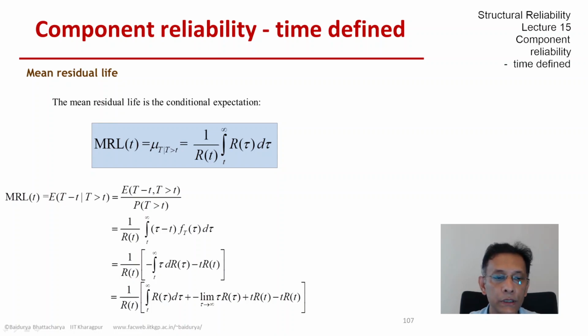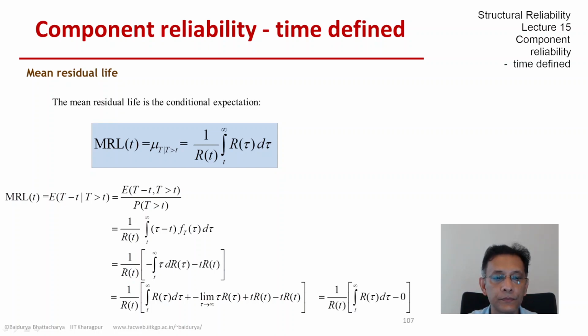So they cancel each other out, and by the same logic, the limit of tau R(tau) as tau goes to infinity vanishes because R(tau) falls off faster than 1 over tau.